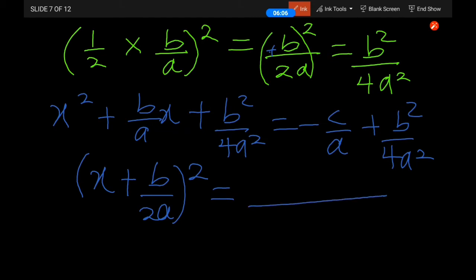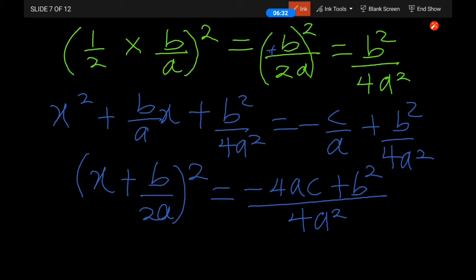The LCM here is 4a squared. A in 4a squared is 4a times negative c, that gives us negative 4ac. 4a squared in 4a squared is 1 times b squared. So we have b squared, right?